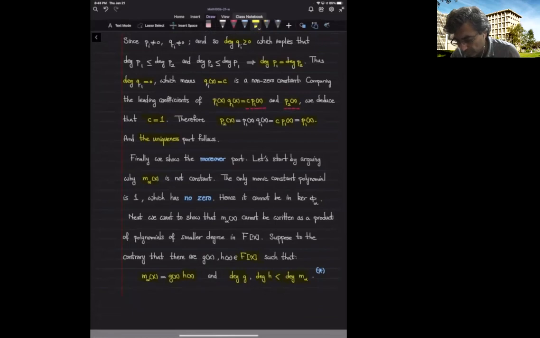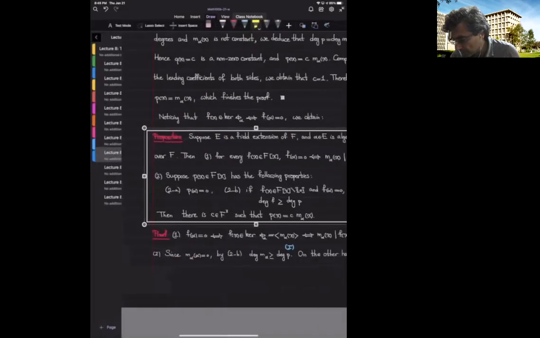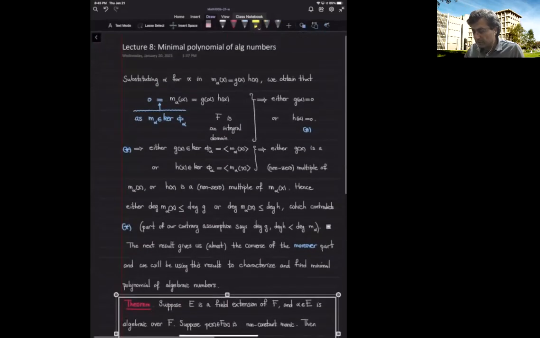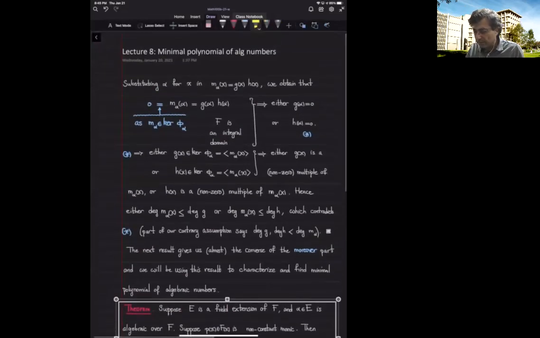Okay, now where does the contradiction come from? We are going to evaluate the equation that we had. We are going to substitute alpha for x. We are going to evaluate it at alpha. Because m_alpha is in the kernel of the evaluation map, we do know that m_alpha at alpha is 0.